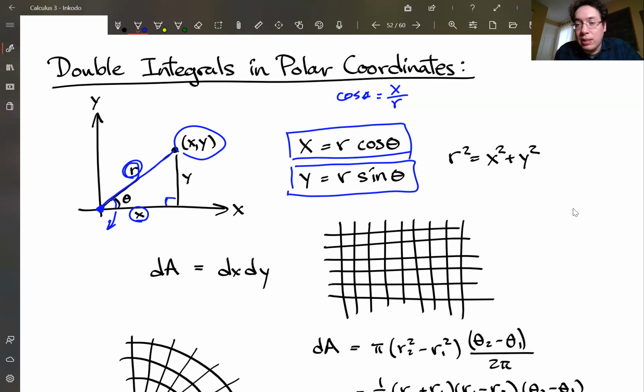Another useful identity is that x squared plus y squared is equal to r squared. You get that from these two equations by squaring both and adding them, noting that cosine squared plus sine squared equals 1, so you get r squared equals x squared plus y squared.